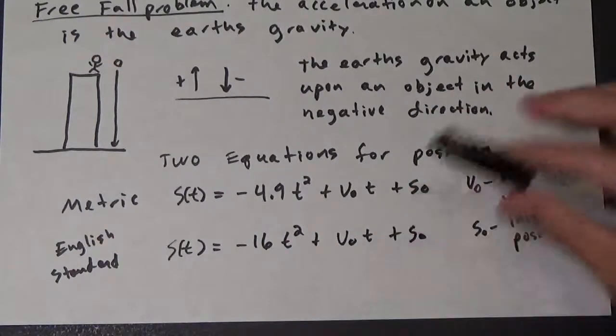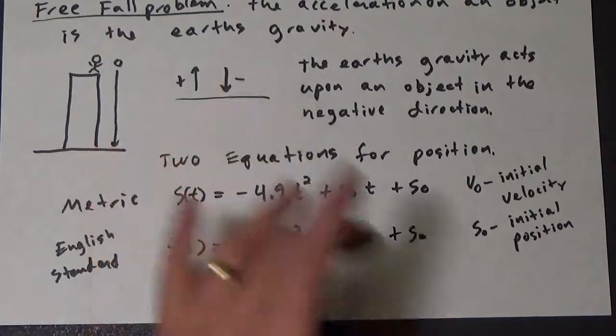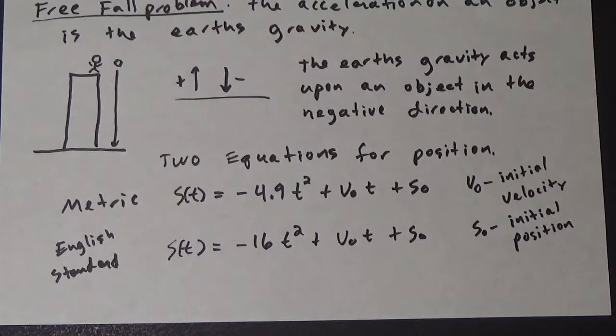The difference between these two is that metric is in meters per second, and English standard is in feet per second. Because there's a difference between meters and feet, we have these two equations, and we'll use both of them.